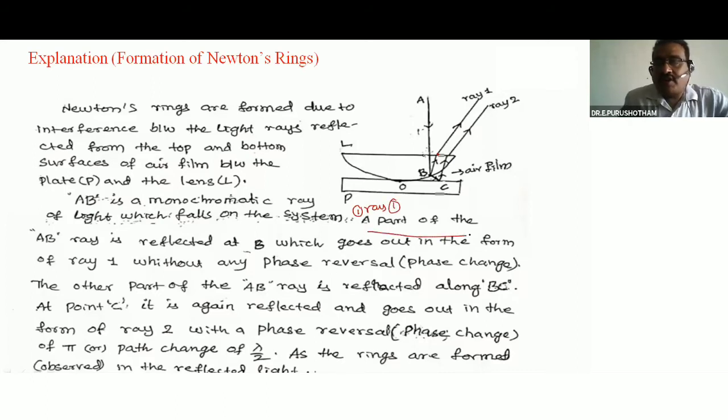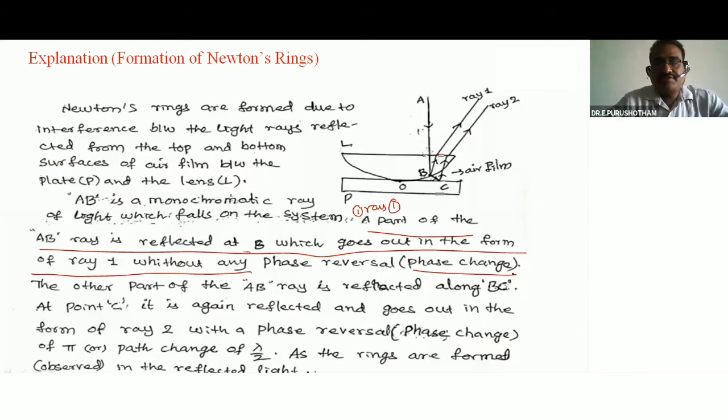A part of the AB ray is reflected at point B, which goes out in the form of ray 1 without any phase change. That is the first one.